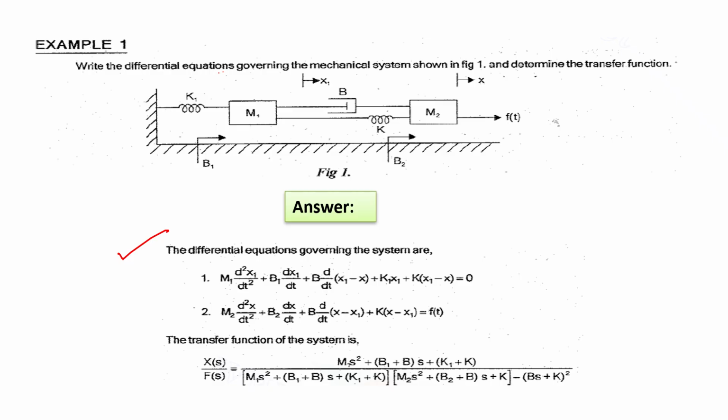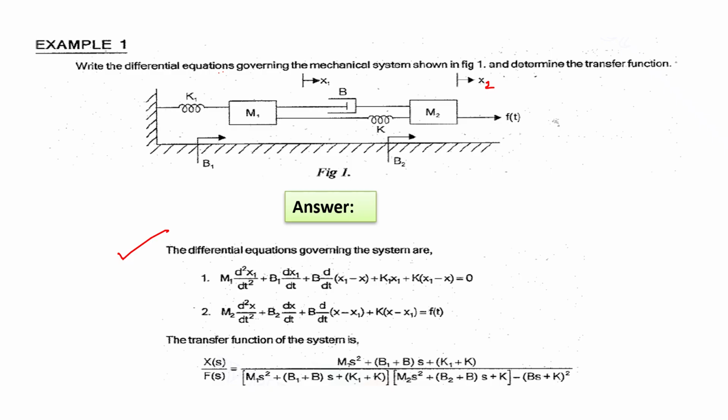Since we have two displacements available here, that is two outputs, we are supposed to find a transfer function which is a single input single output representation. So out of these two outputs, the actual transfer function will be represented based on the mass element which is actually receiving the force f of t.